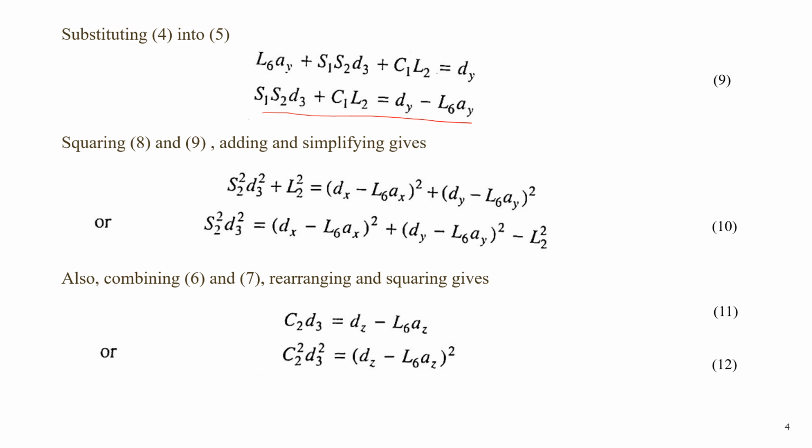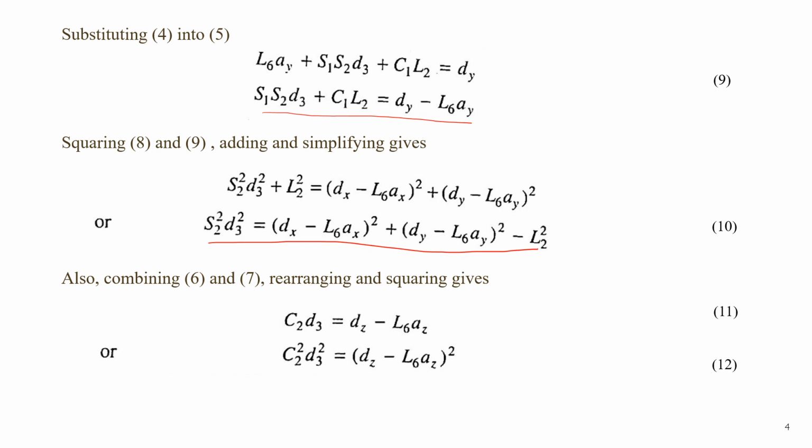Now, as we did for SCARA, again we will be just using these 2 equations. We will be squaring and adding on both sides and applying the trigonometric identity. You will be finally getting the expression like this. So the 10th equation, you have got it by just squaring and adding equation 8 and 9, right?